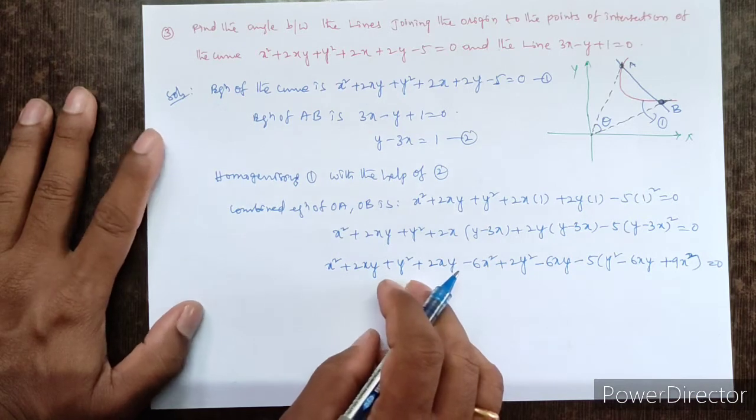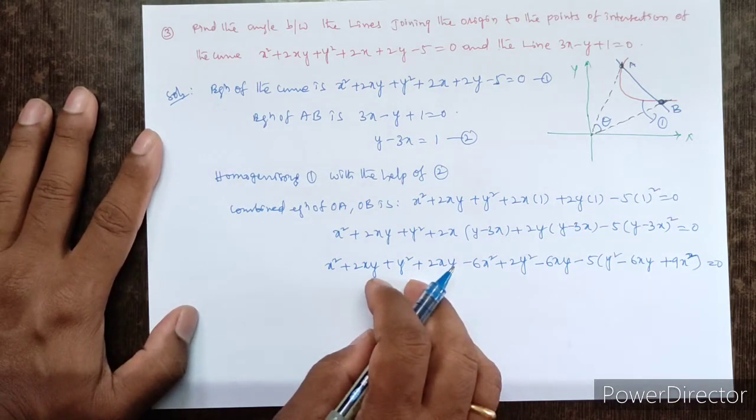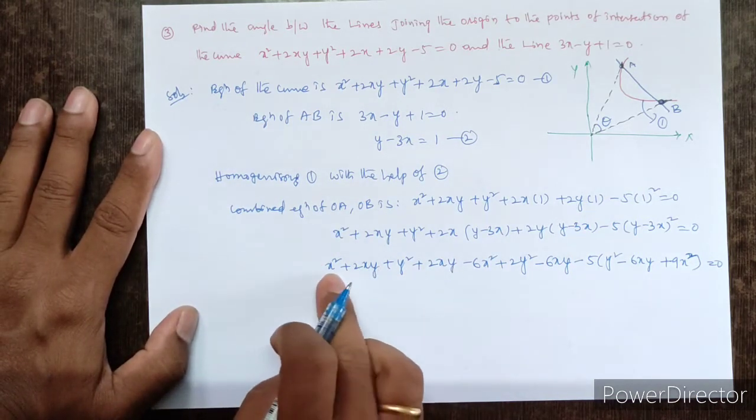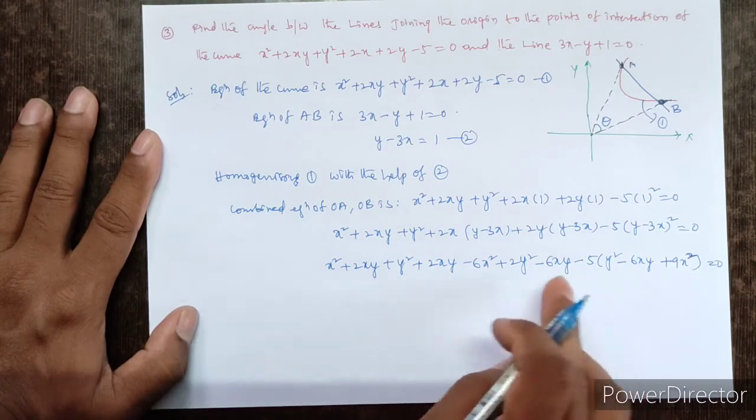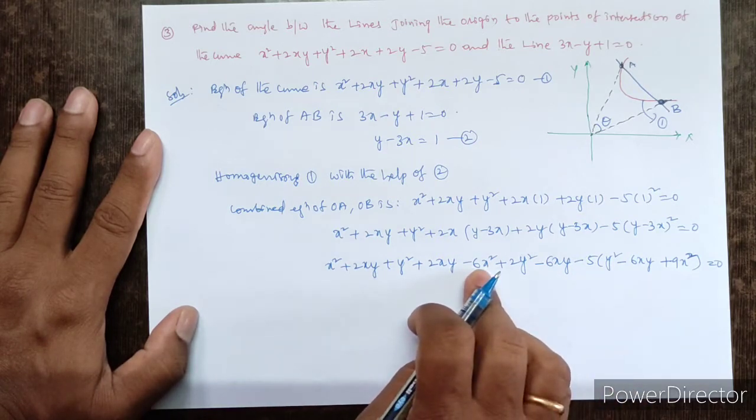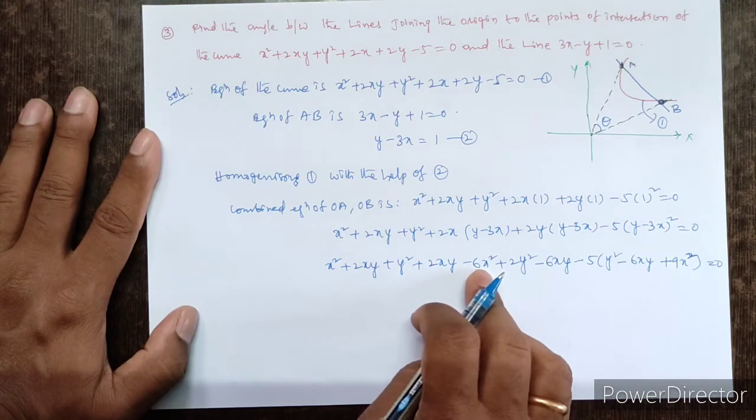So x square minus 6x square is nothing but minus 5x square.